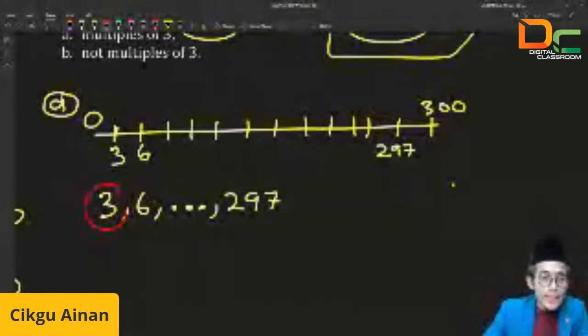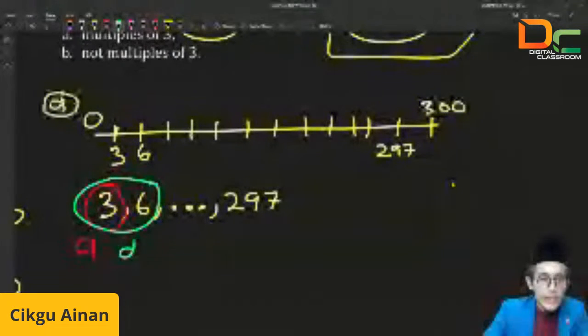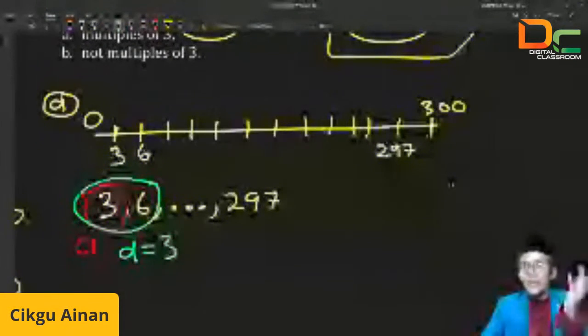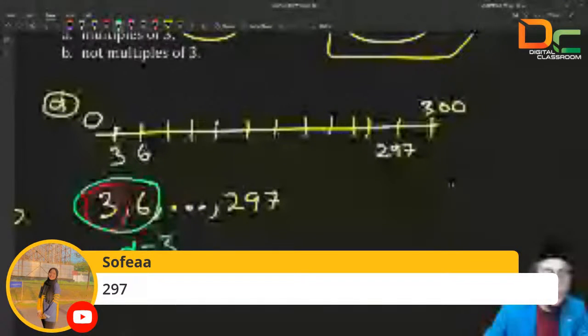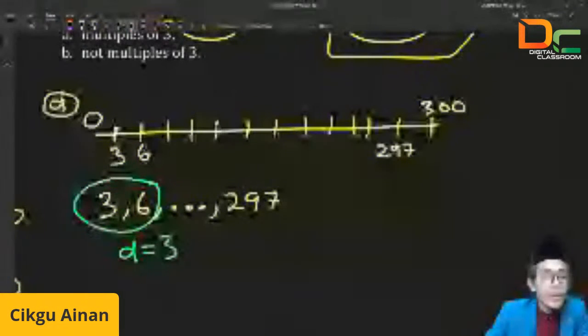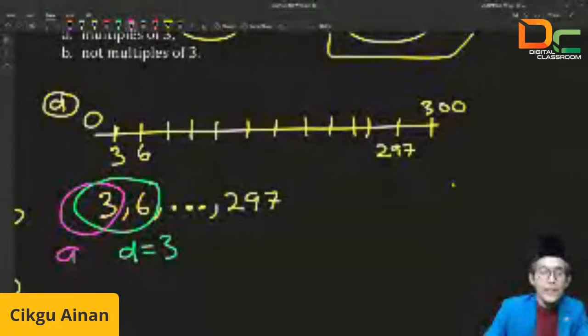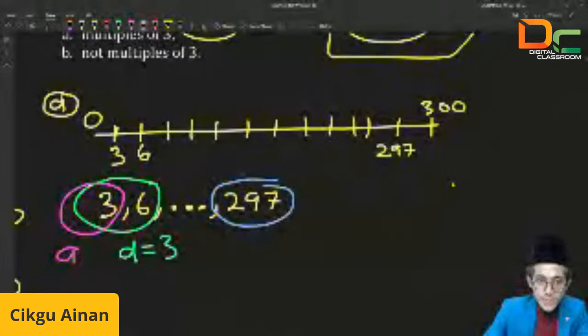Okay, clearly 3 is A. Clearly A is 3, and then D is 3 also. 6 minus 3, 3 lah. Saya pakai warna pink. Ini adalah A. A adalah 3. D also 3.